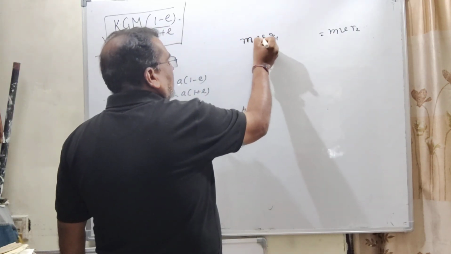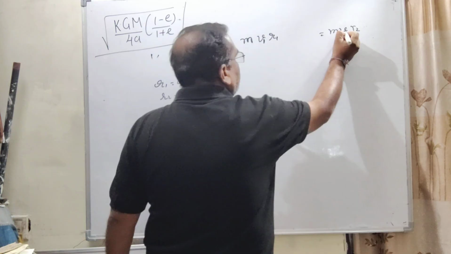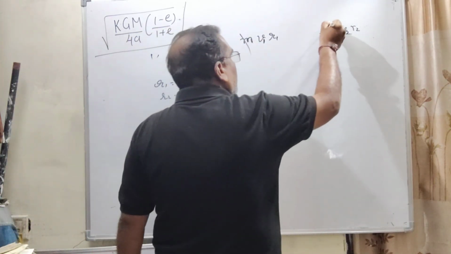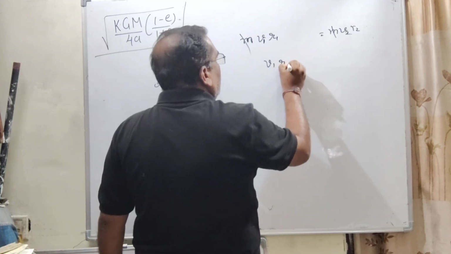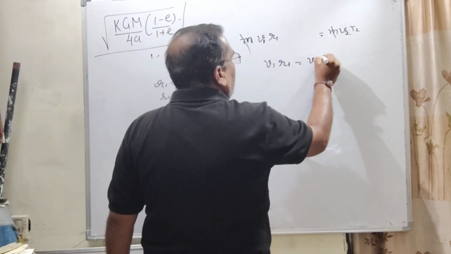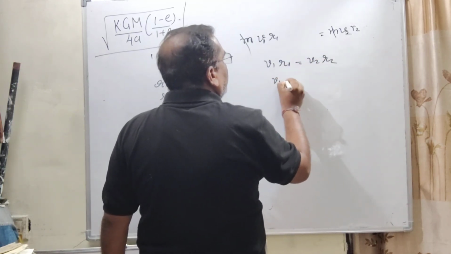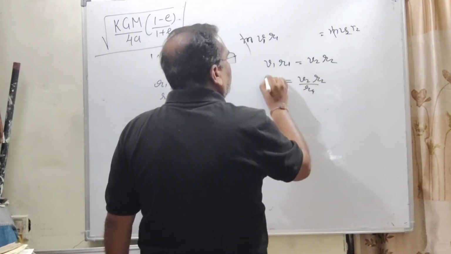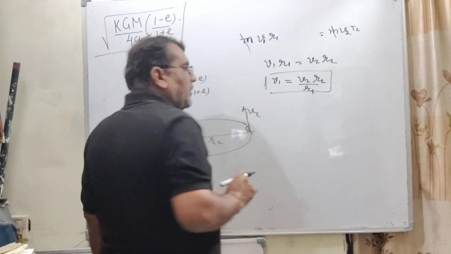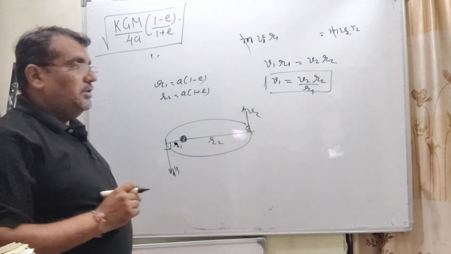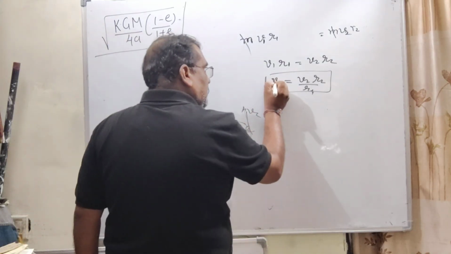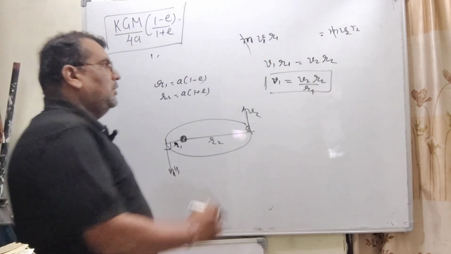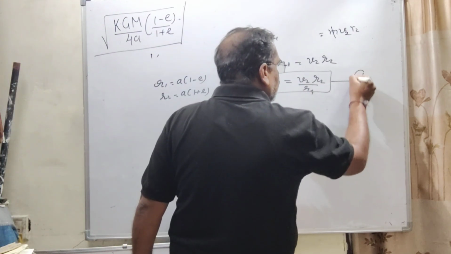The mass of the planet remains the same, but the velocity changes. So m cancels, v1 r1 equals v2 r2, or v1 equals v2 r2 by r1, because we have to find the speed at apogee. So the velocity at perigee is converted into v2. This is the first equation.